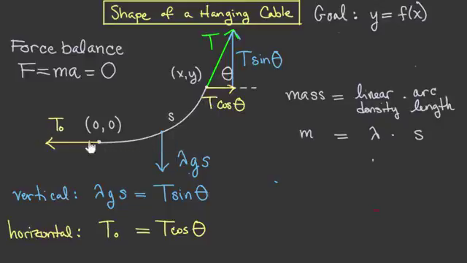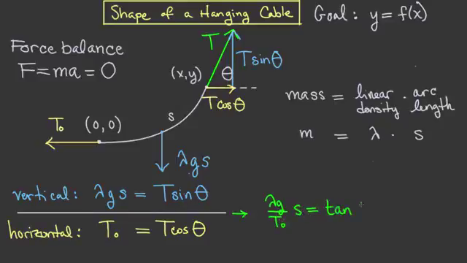At any position, the horizontal component is the same. So now I'm going to do something that's a little bit tricky, which is that I'm going to divide these 2 equations. This cancels out the tension force T and leaves me with one equation. Lambda g over T sub 0 times S is equal to tan theta.